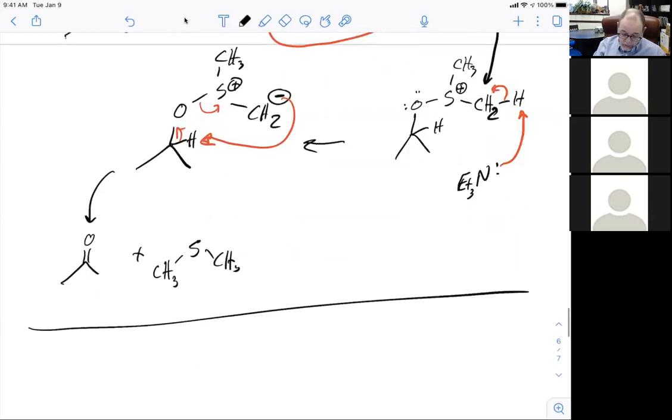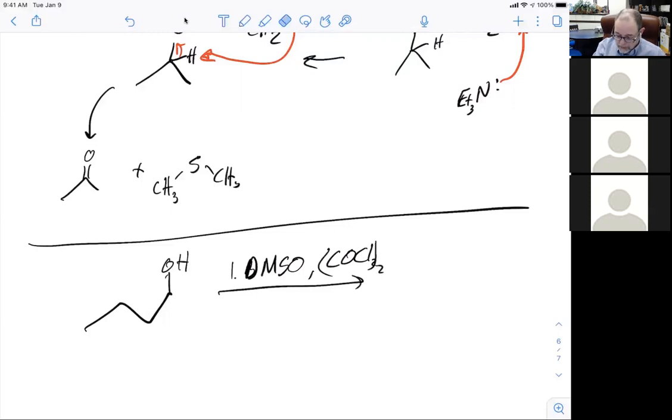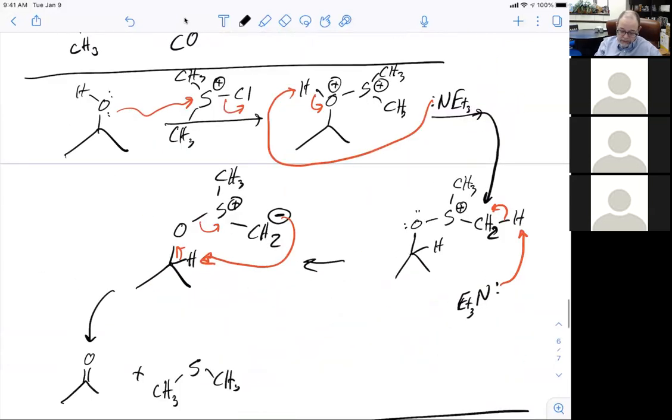It also works with primary alcohols. If we use a primary, it will just do the one reaction. So DMSO, remember to put the parentheses and then the 2. Then the triethylamine. Big, long, complicated mechanism, but the important part is you end up with gases and a salt.